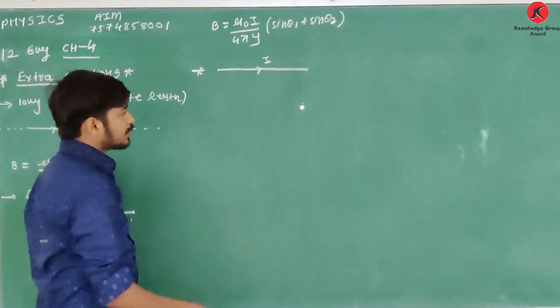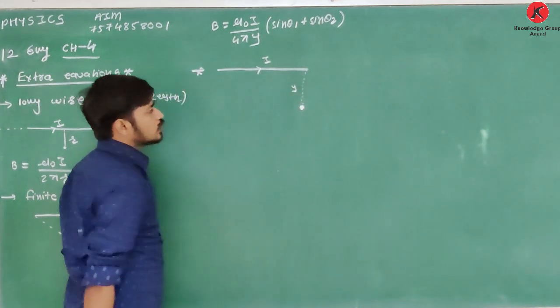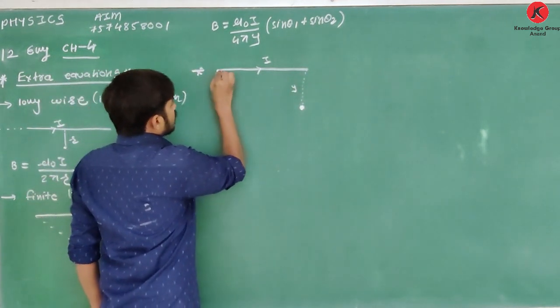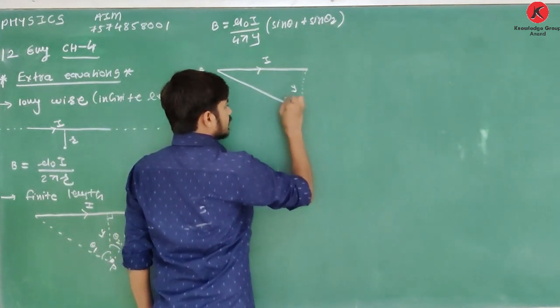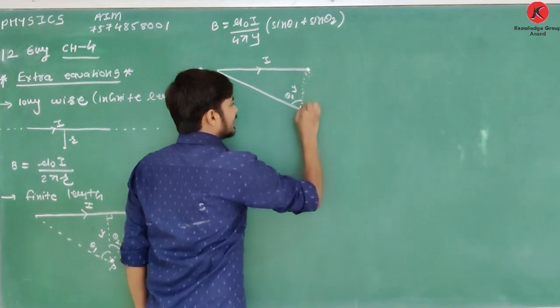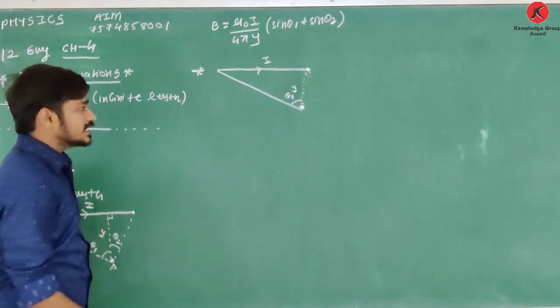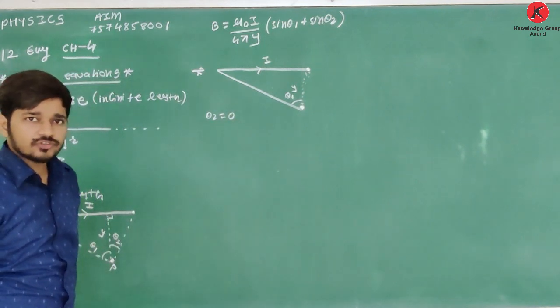Yes, we follow our method. Draw the perpendicular; this distance is y. Connect to the first end, so this angle is theta 1. Connect the second end with this point. What is theta 2 here? It is 0. Clear about this?